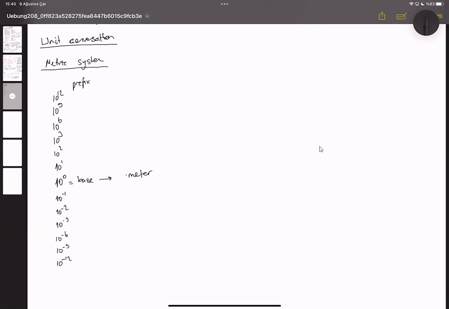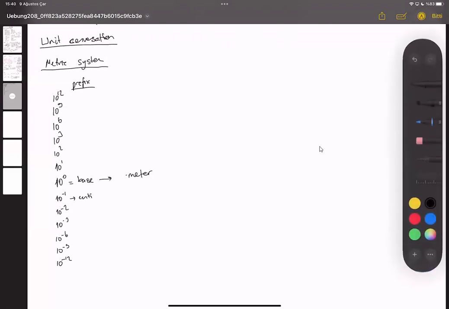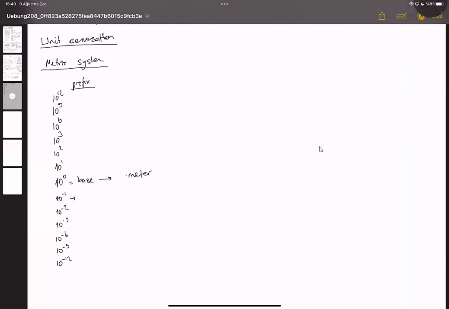For example, -1 makes deci, then centi, milli, micro, nano, and pico.